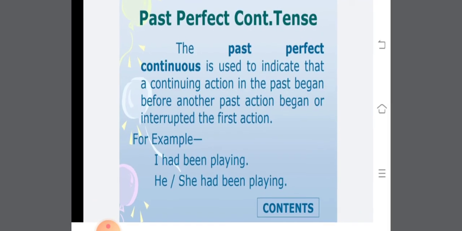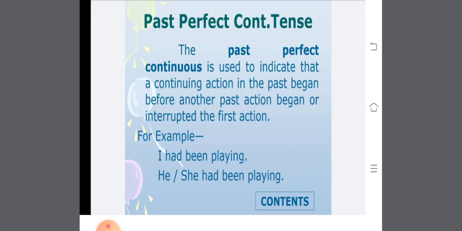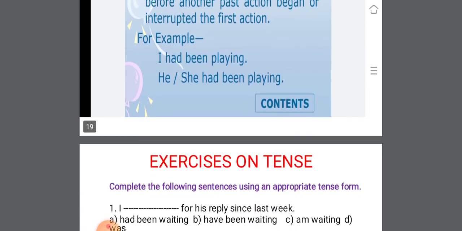The contrast will be between simple past and present perfect, then present continuous and present perfect continuous, then past perfect and simple past. So this type of tenses we will take up to discuss more.